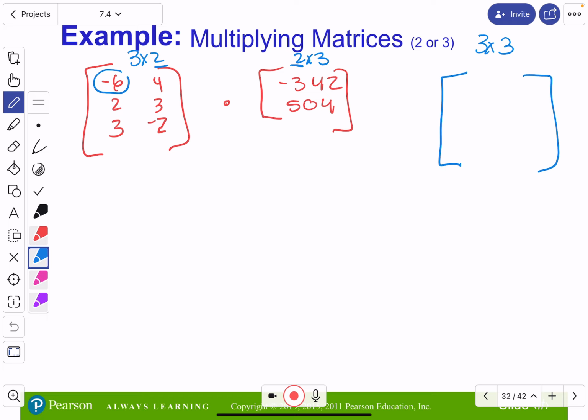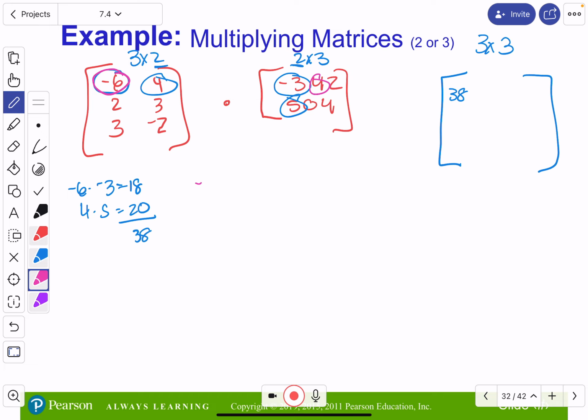So our first one, negative 6 times negative 3 is 18. Then we do 4 times 5, and we get 20. Add those together, 38. Now we're going to do negative 6 by 4 and get negative 24. 4 by 0, get 0.